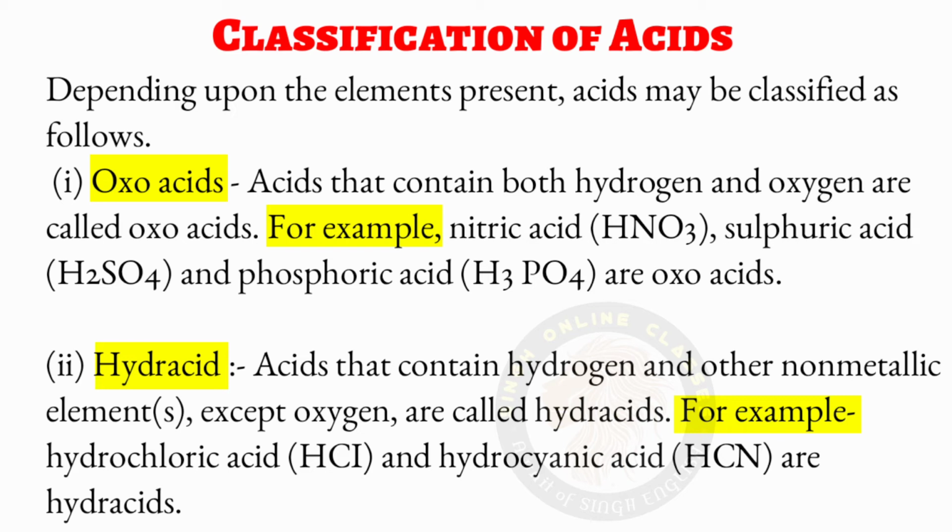Next one is hydroacids. Acids that contain hydrogen and another non-metallic element except oxygen are called hydroacids. For example, hydrochloric acid, formula HCl, and hydrocyanic acid, HCN, are examples of hydroacids.